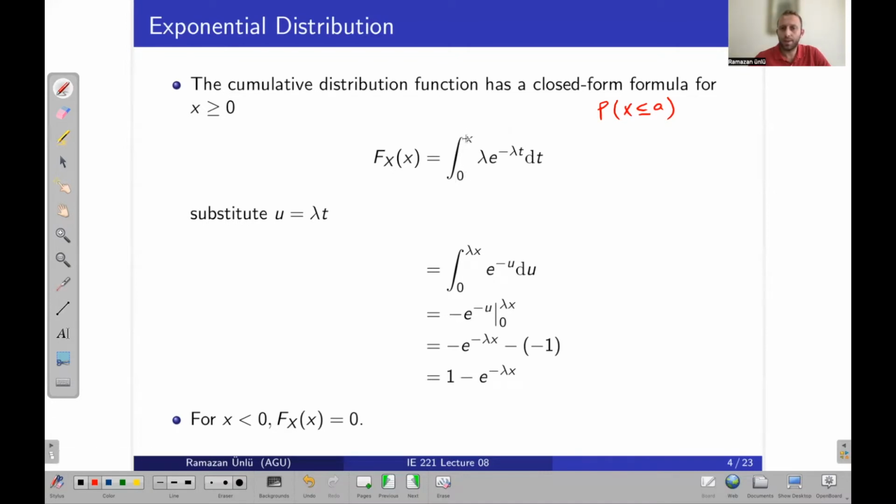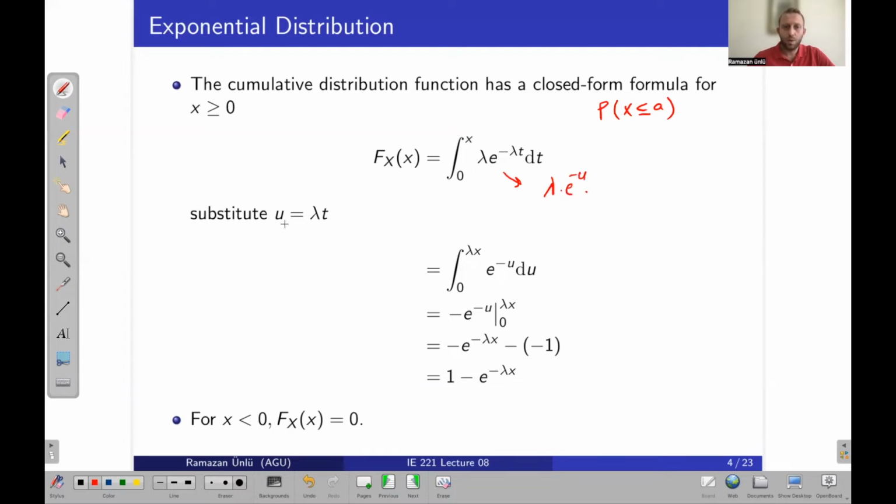Let's say that point is x, and to avoid confusion, we change the integration variable to t, because x is now the limit of the integration. Let's calculate this and see what the CDF of the exponential distribution is. First, let's substitute u with lambda t. The integrand becomes lambda times e to the minus u.